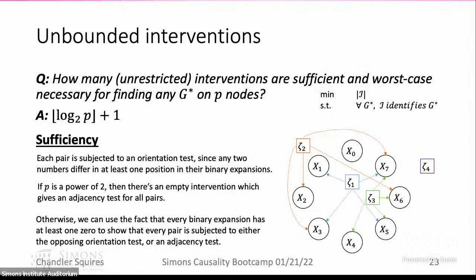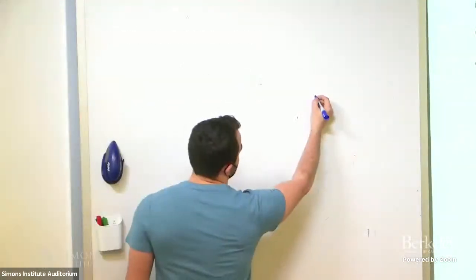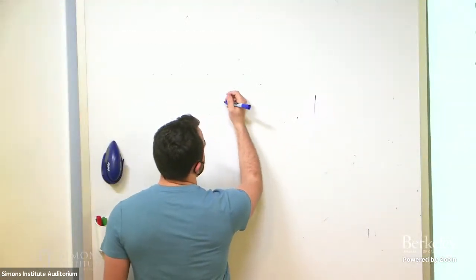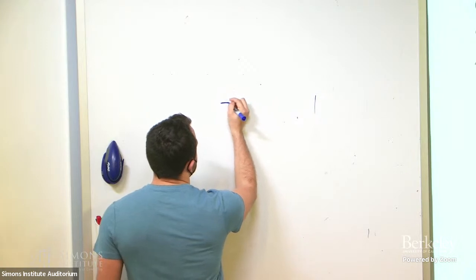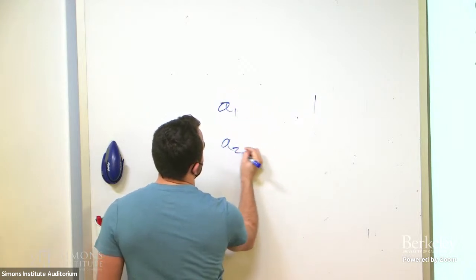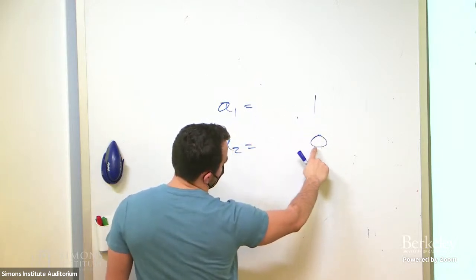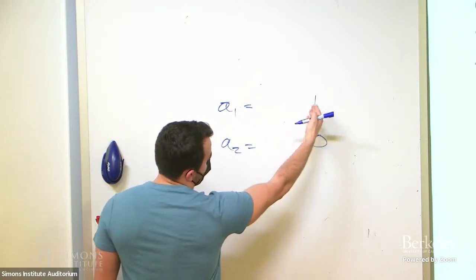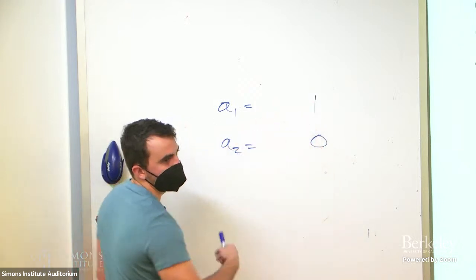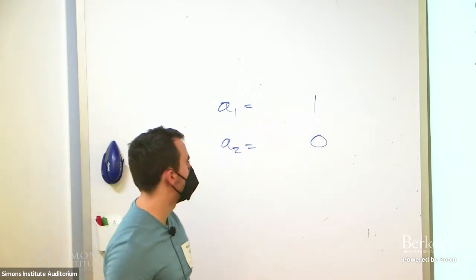So let's start with saying that we didn't have the adjacency test, so where they're both 0s. In that case, I write out one of my numbers, the first number A1 and A2. I know that they have a difference here, and I'll take A1 to be the one with a 1 in this position without loss of generality.